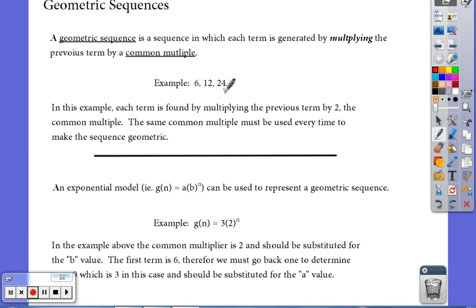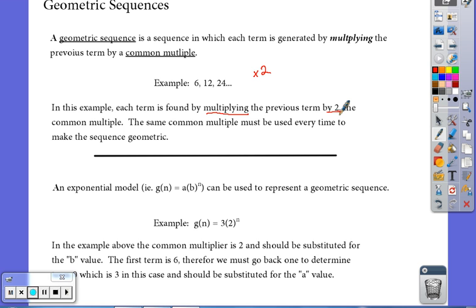So I'm looking for what number I multiply 6 by to get 12, that I would multiply 12 by to get 24. In this particular case, that would be times 2. So you see here in this example, each term is found by multiplying the previous term by 2, the common multiple. The same common multiple must be used every time to make the sequence geometric.